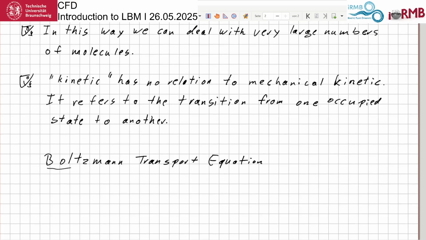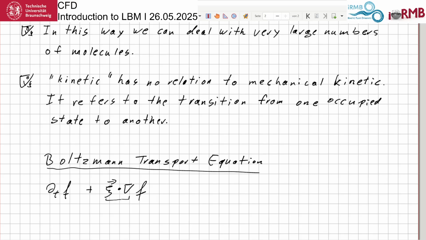But here we are using the Boltzmann equation. I'm writing it again. So the Boltzmann equation is the time derivative of this probability density f, together with the advection of the same thing with the molecular velocity xi, scalar product with the gradient, nabla, and this forms a new operator.